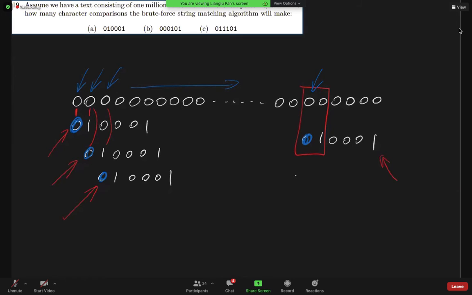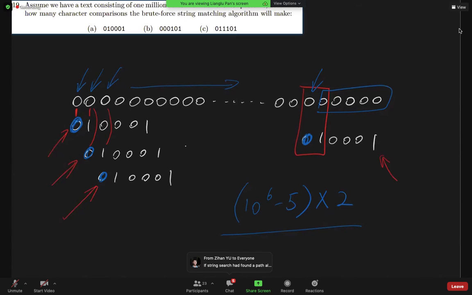We will have no chance aligning this first 0 in the pattern with the last 5 digits in the string. So how many possible placements? I think we have 1,000,000 minus 5 possible placements. And every time we put the pattern at a position, we're going to have 2 character comparisons. So this gives us (1,000,000 minus 5) times 2 as the total number of comparisons we're going to make.